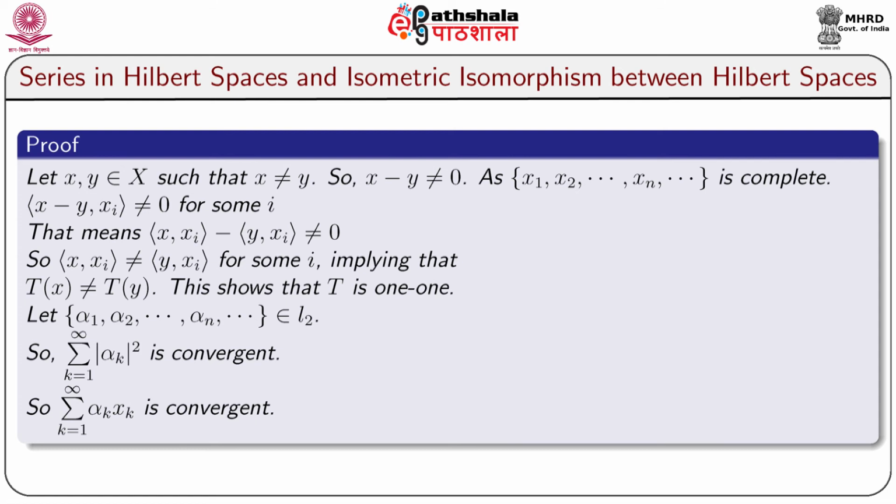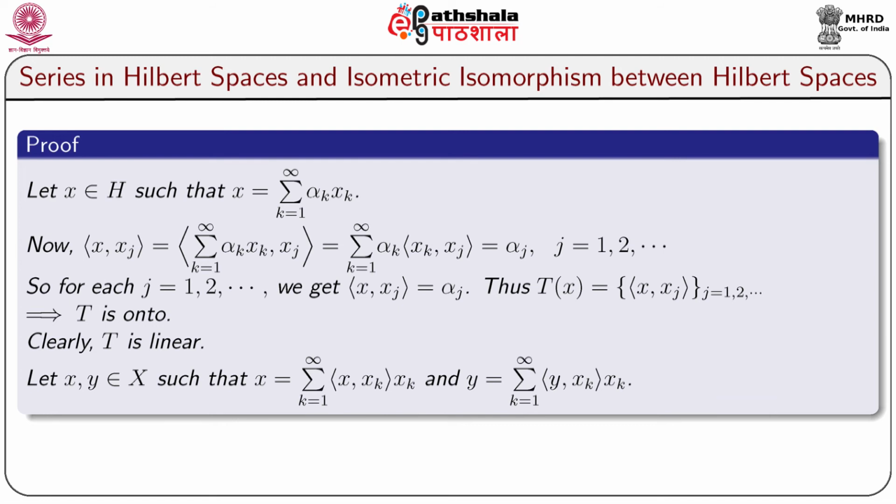Let the sequence alpha 1, alpha 2, ..., alpha n, ... belong to l2. So, sigma k equal to 1 to infinity modulus of alpha k squared is convergent. So, sigma k equal to 1 to infinity alpha k xk is convergent. Let x belong to capital H such that x equal to sigma k equal to 1 to infinity alpha k xk.